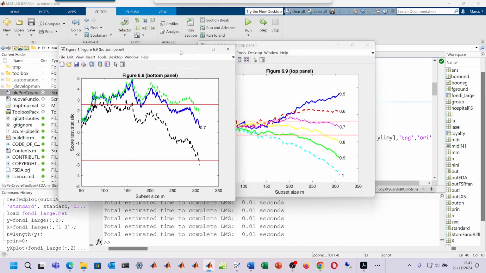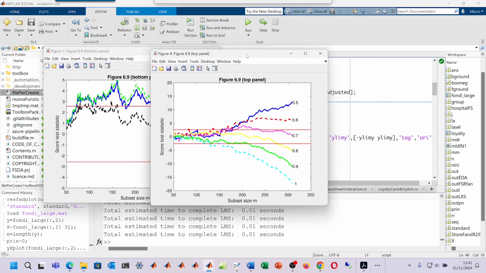Now what we do is a plot, as we have done before, considering a grid of values of lambda from 0.5 to 1, because you can see that both 0.5 and 1 are on opposite sides, so you really need a value of lambda which is in between.